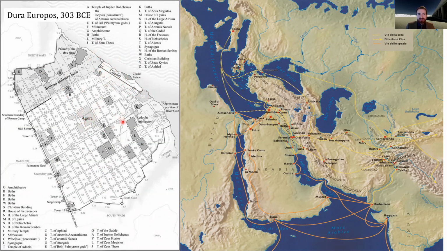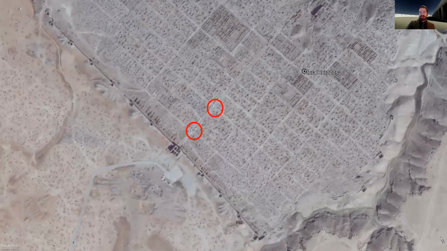So all of the things that are associated with being a good Greek city. And this really was one of those trade entrepôts on the Euphrates, as to where it was a good stopping point for the Seleucids to be able to charge tax on goods coming in or going out of the Seleukid Empire.